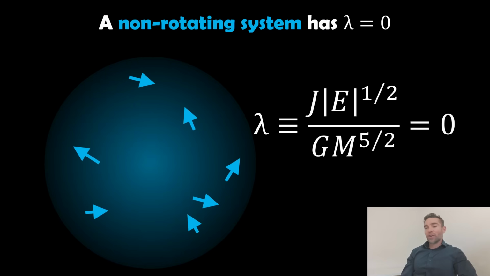Now, on the lower end, a non-rotating system or a non-rotating dark matter halo is going to have a spin parameter of 0. So it's going to be more pressure supported. The motions of the individual components are going to be more random, and we basically have a 0 spin parameter if it's non-rotating.